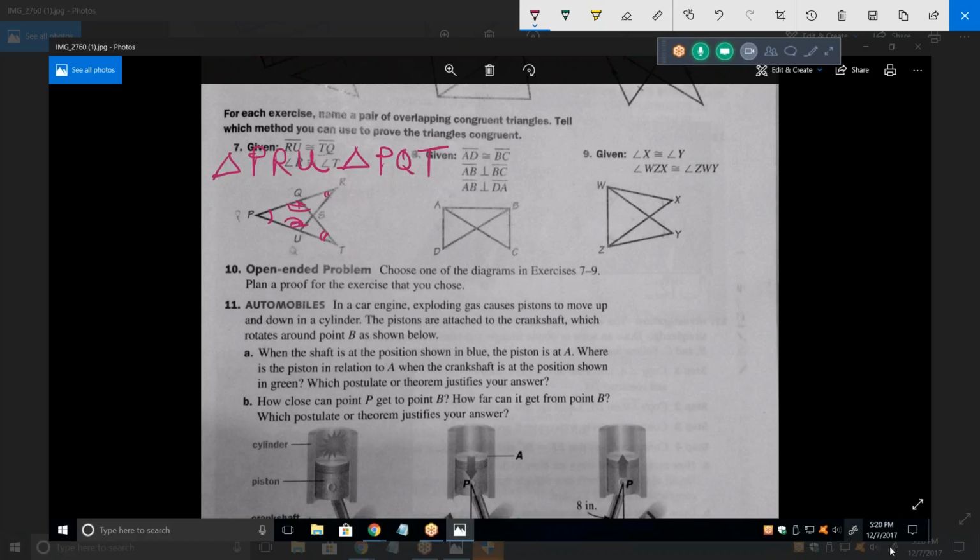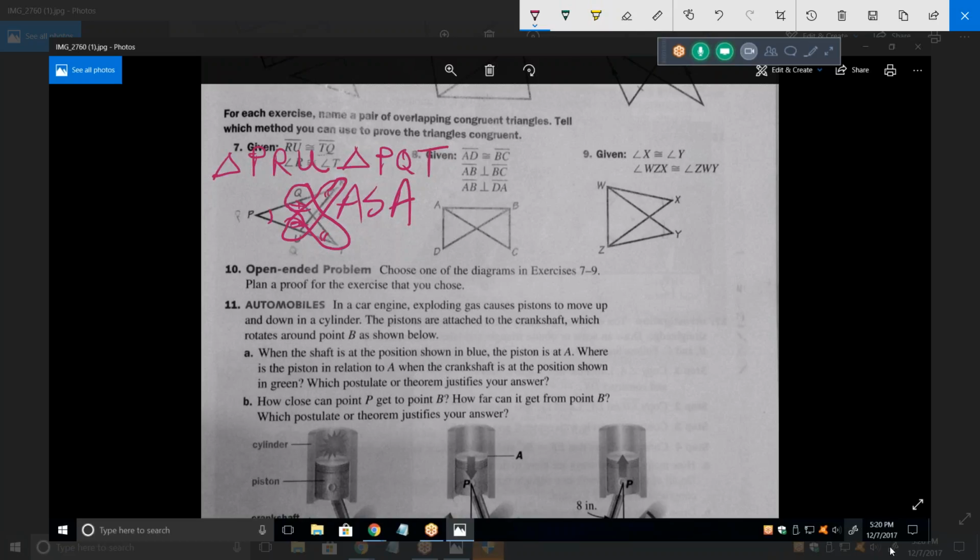And now, as long as I know that RU is equal to QT, I can use angle, side, angle, using those two angles and that side, along with those two angles and that side. Notice the side is in between the angles, which means it's the corresponding side.